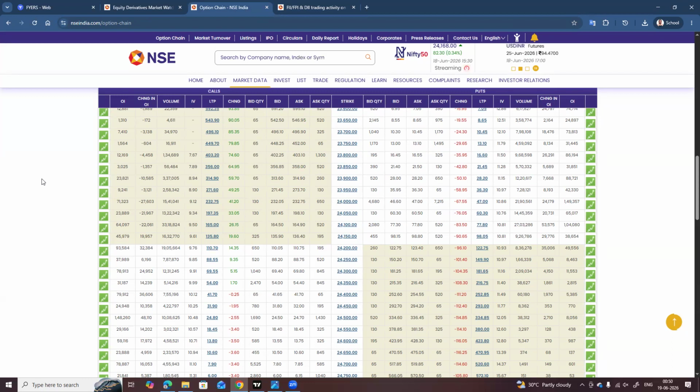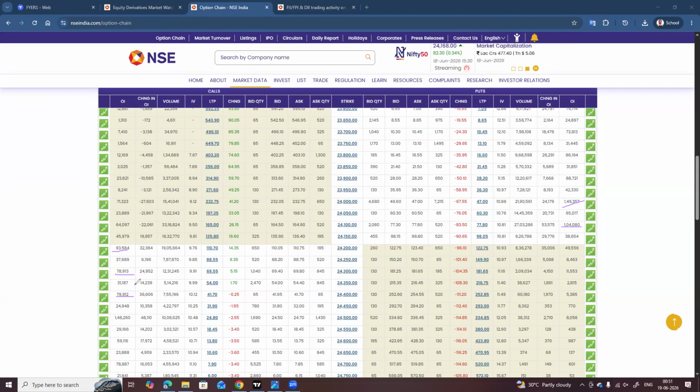Here a strong put OI is visible at 24,000, like here, and a strong put OI is also visible at 24,100 here and here, right? And strong call OI visible at 24,200, that is 93,584, and 24,300, like 78,000, and 24,400, which is again 79,000.